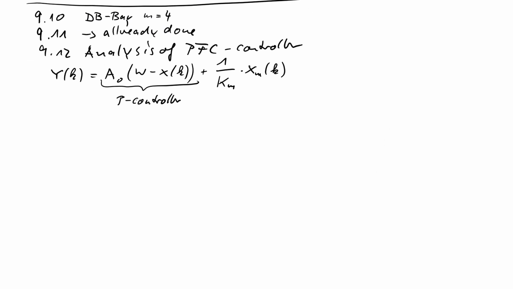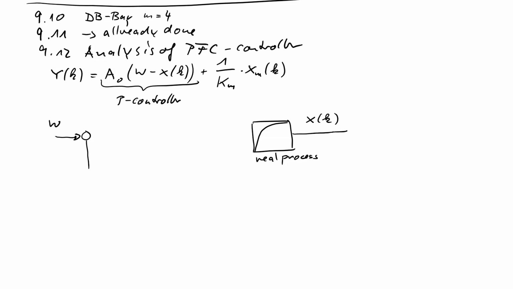We have a control loop with a desired value input. That's standard. Then we have a process, and we talk about a very simple case, a very simple PT1 process. This is a real process in our situation. The output is x of k.